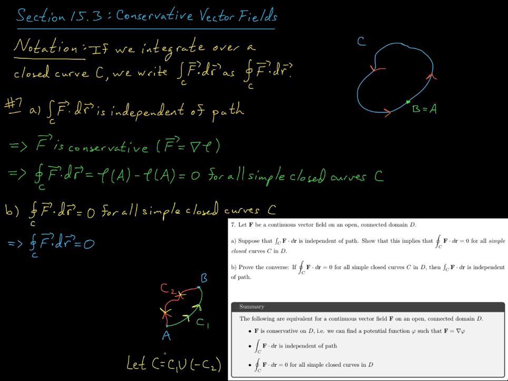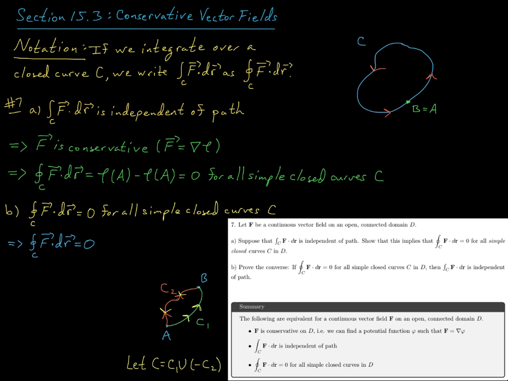Let C be the simple closed curve that starts here at A. We follow C1, and then this union symbol is saying, okay, now follow that with C2, except this negative here is indicating that you're going to reverse orientation. And that's what these yellow arrows here are denoting.